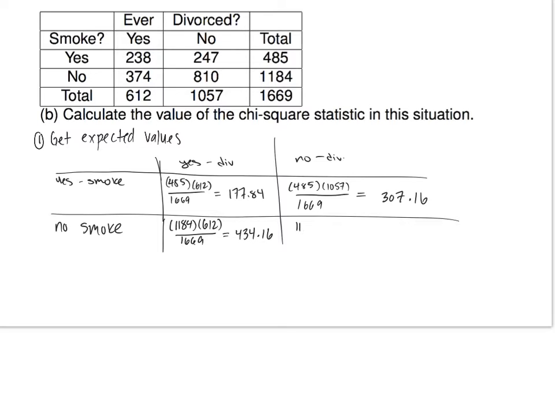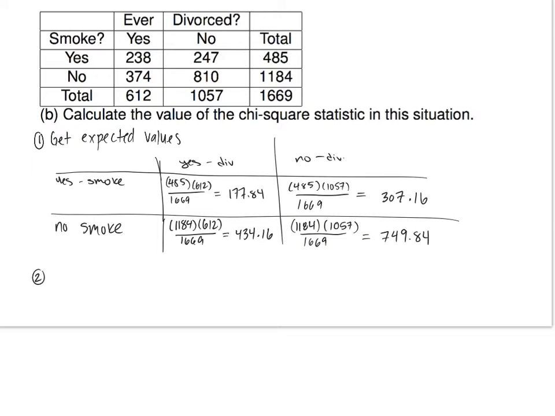Last one, 1184. Column total is 1057 over 1669 is 749.84. Is that okay?